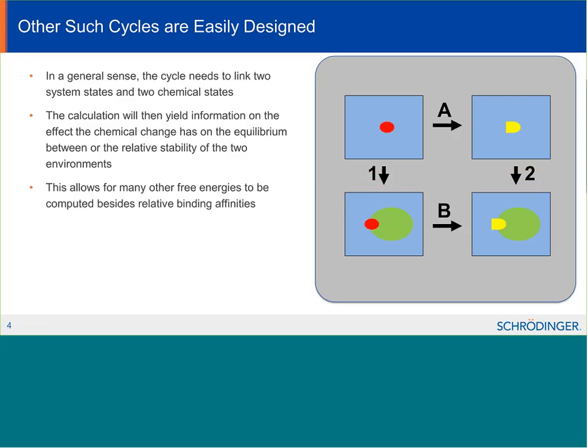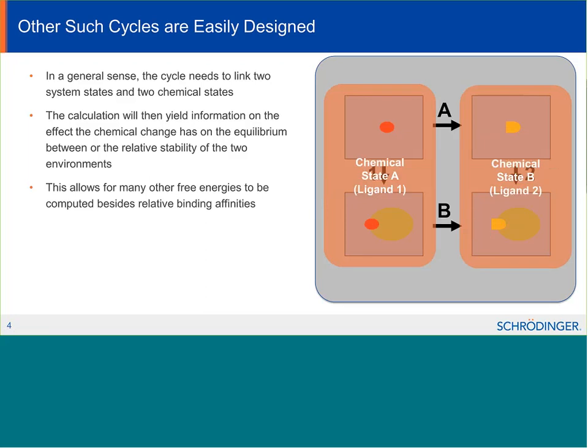The second thing we need in that cycle is two different chemical states. In this case, this is one molecule or another similar molecule, and these are the chemical states that we will perform the alchemical perturbations in between. The main limitation of the technology, of course, is that it is a perturbative technique, so the chemical states cannot be too dissimilar.